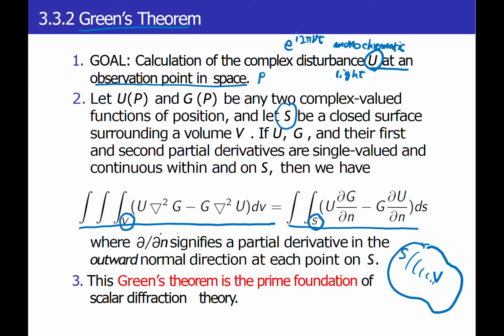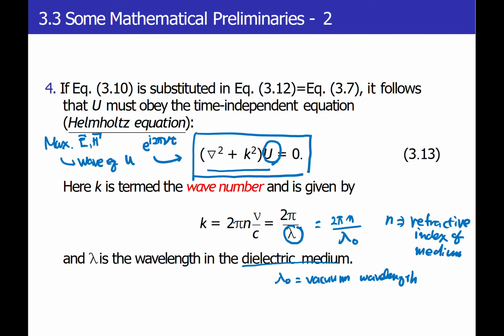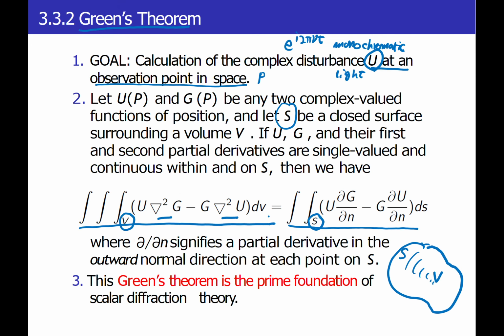If you look at it, there's the Laplacian of G and the Laplacian of U. And if you go back, the Laplacian plus k squared, applied to U, should be 0. So there should be some kind of link between the Helmholtz equation and the Green's functions. Let's go back over what we have done.